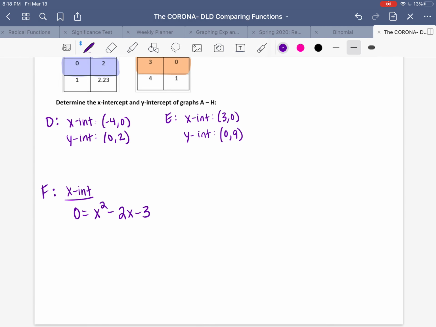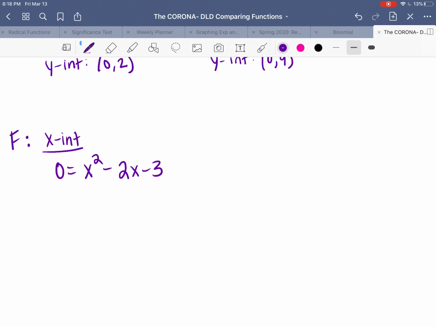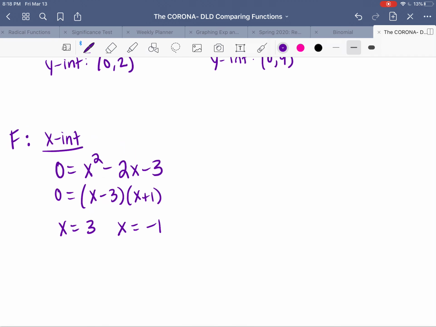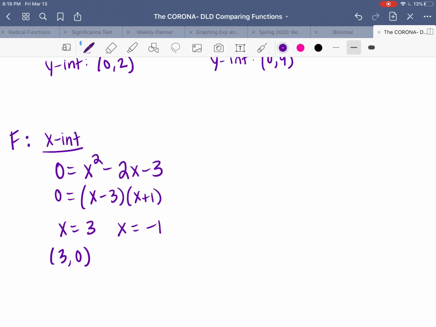So in solving this, the first step is going to be to factor. So this is going to factor to (x - 3)(x + 1). Set those both equal to 0, and we have x = 3 and x = -1. Okay, so that means that our graph is going to cross the x-axis at (3, 0) and at (-1, 0).